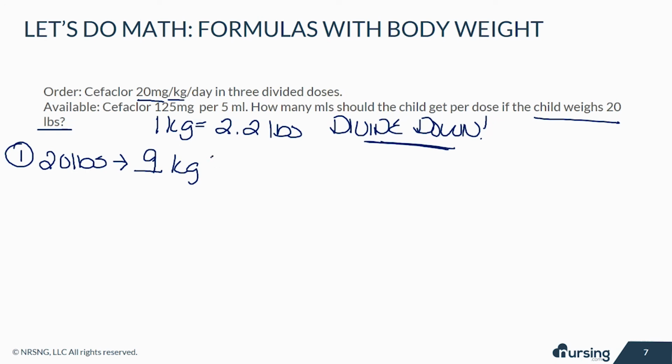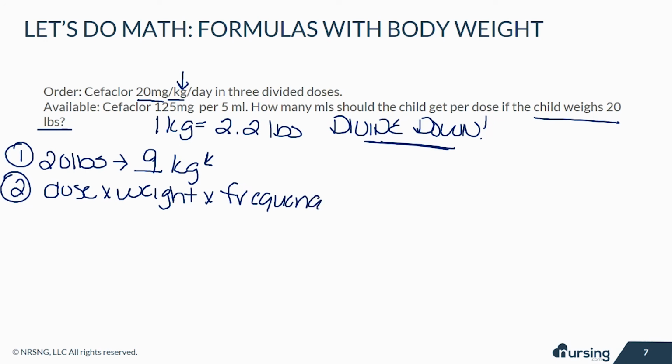Now we have something that we can work with, right? Everything matches. So now we're going to use the body weight formula. Our body weight formula is simply the dose times the weight times the frequency. And you're really just plugging in numbers here. So the numbers that you're going to plug in are going to be 20 milligrams per kilogram, okay?